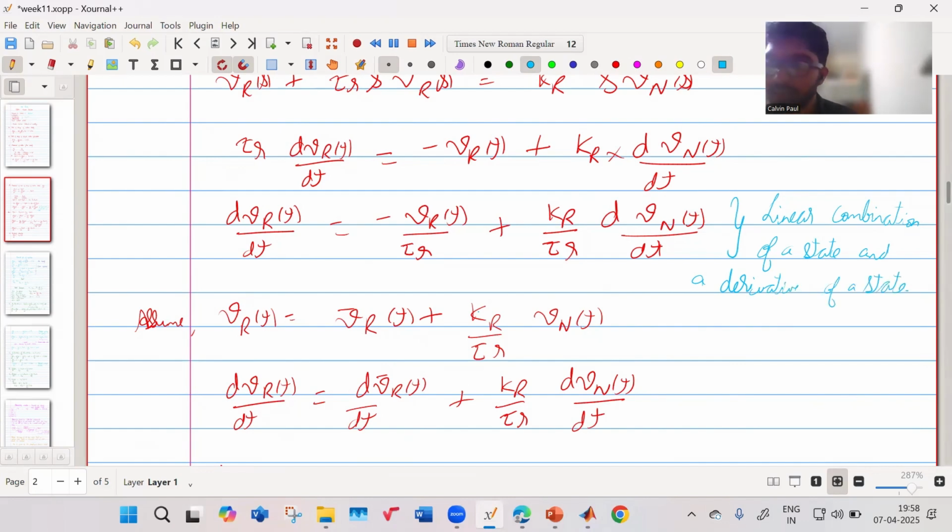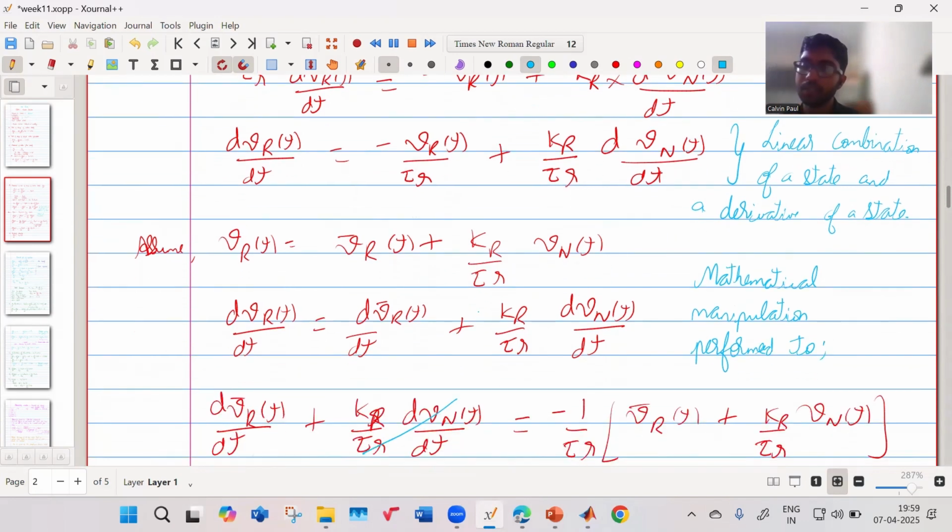So what sir has done is some mathematical manipulation performed to make it a linear combination of states. You write it as a linear combination of states.